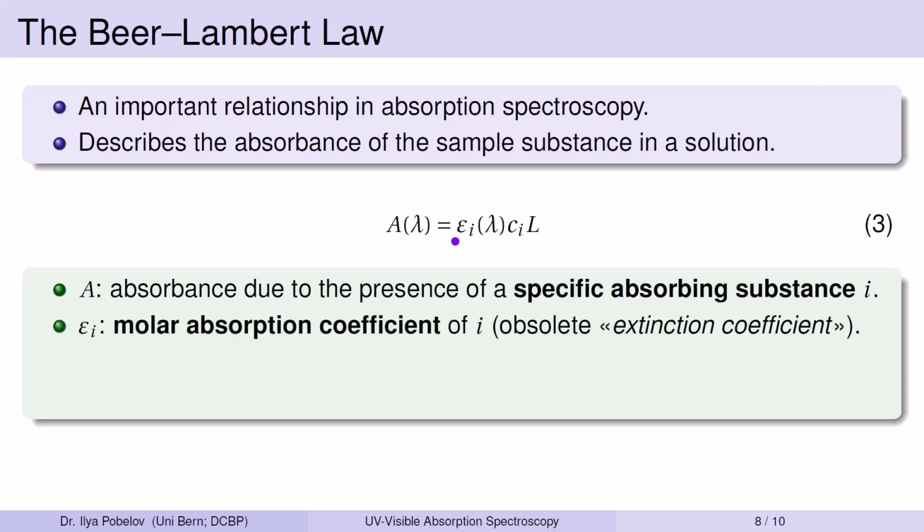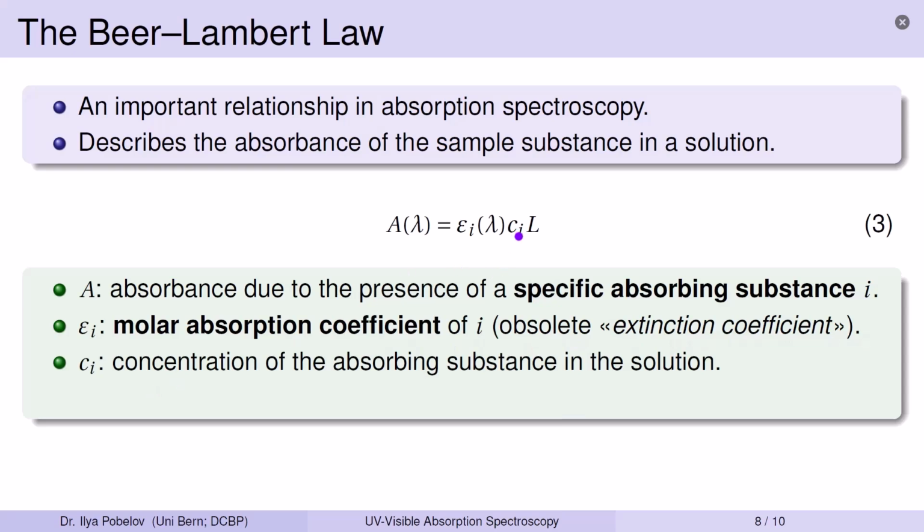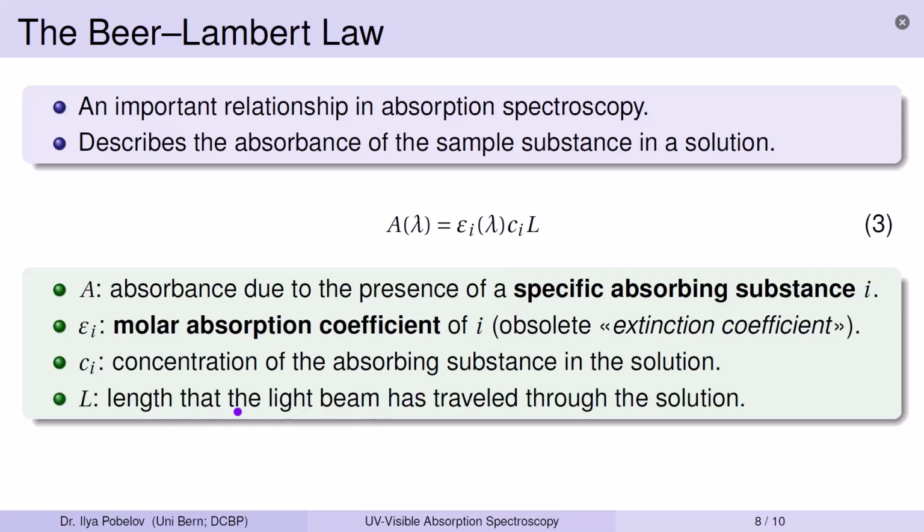The first quantity, epsilon, is the molar absorption coefficient of that substance, also known under the obsolete name extinction coefficient. The second quantity is the concentration of the absorbing substance in the solution, and the third is the length that the light beam has traveled through the solution.